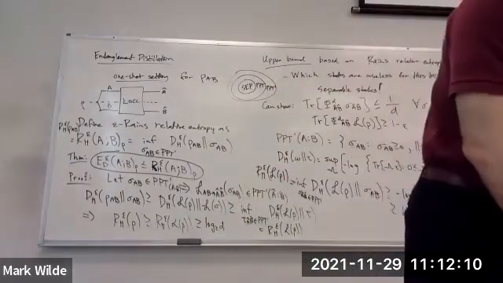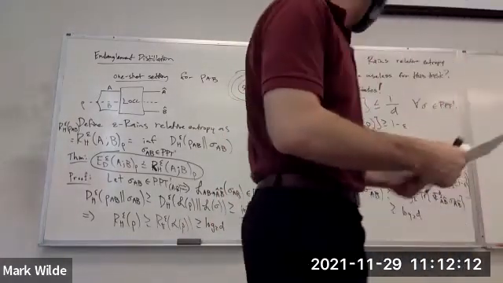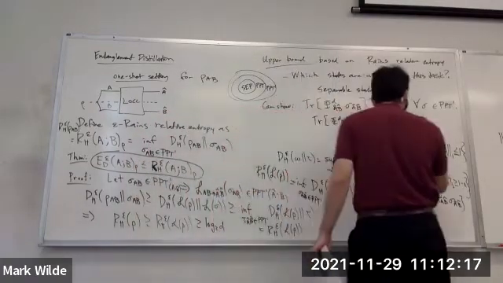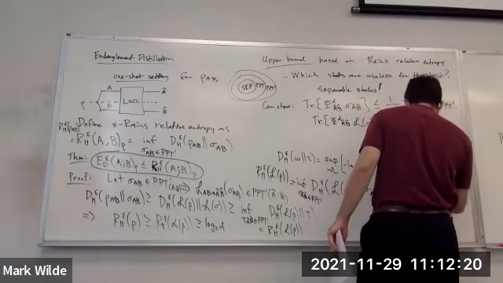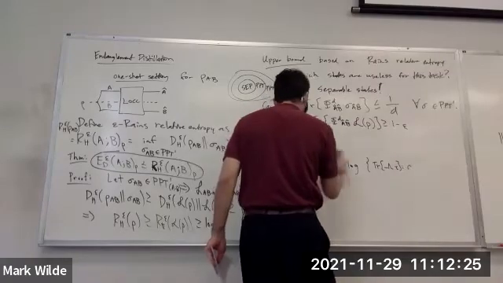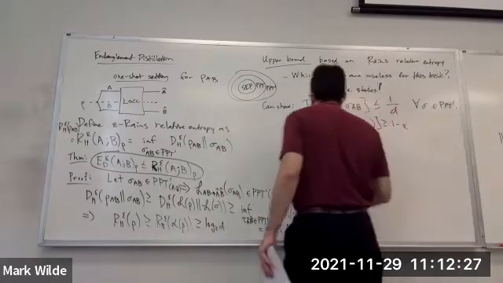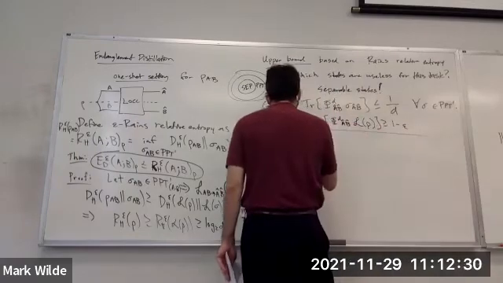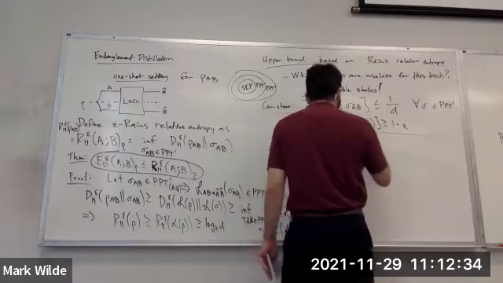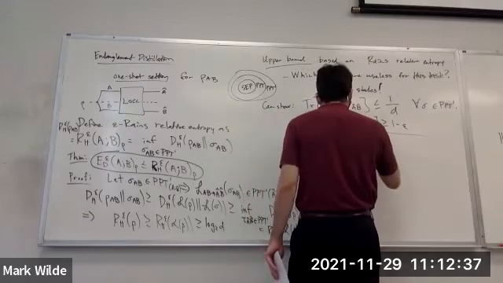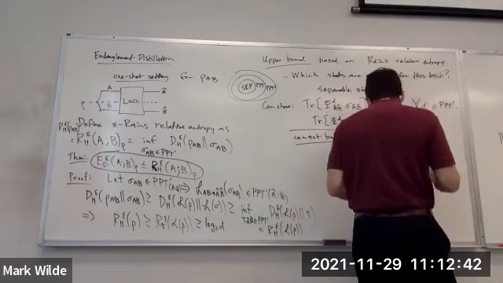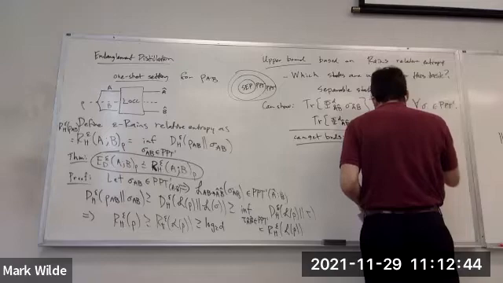All right, then we can do other kinds of things that we've done before. Other kinds of bounds we can get are similar to what we've seen before.